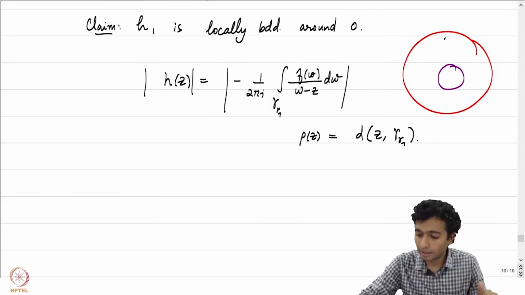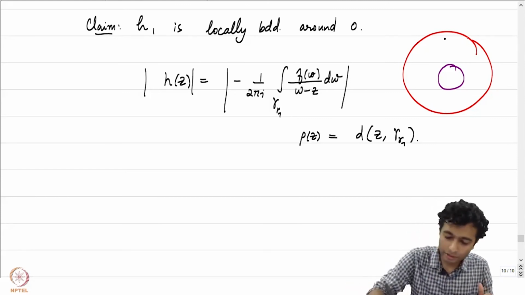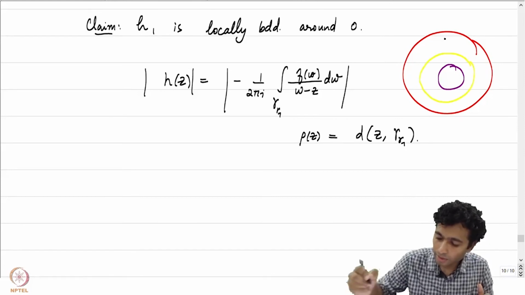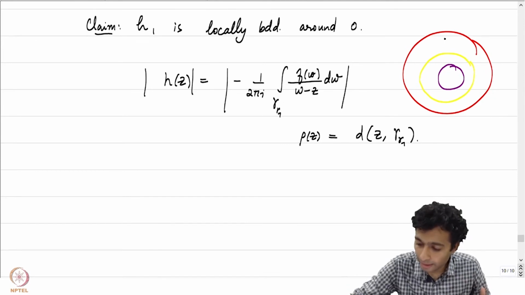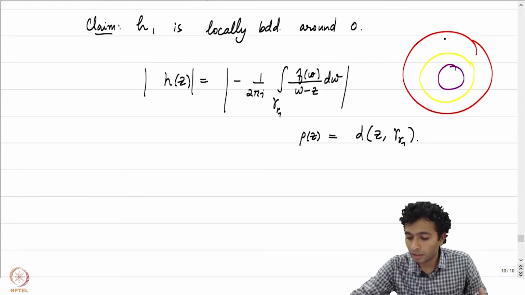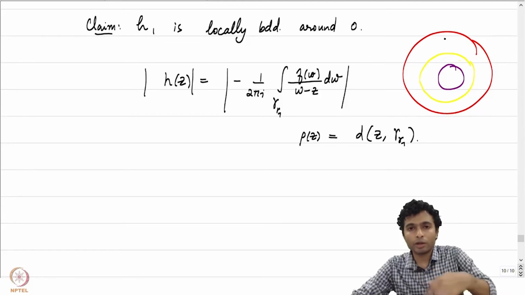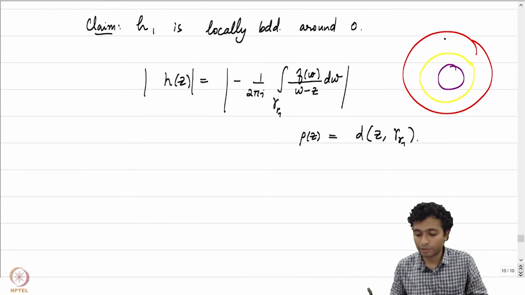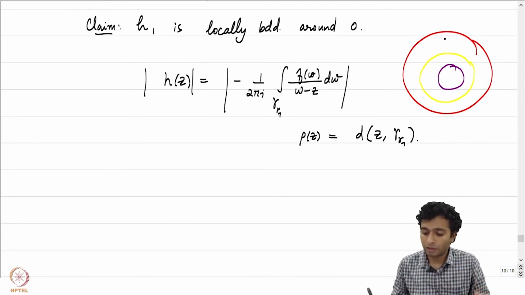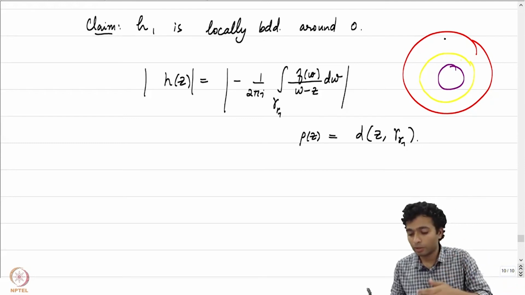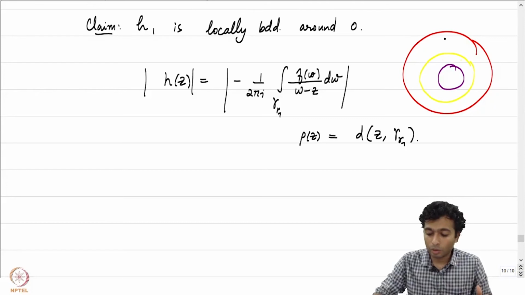It could be outside the disk of radius R2 as well, but nevertheless, we capture gamma r1, and rho of z is the infimum of the distance of z to any point on the circle of radius r1 around z0. So that's precisely what is being captured by rho. Because it's the infimum, the distance of z to w, where w is on the circle, is going to be bounded below by rho of z.